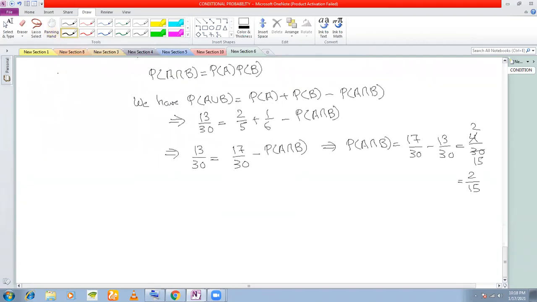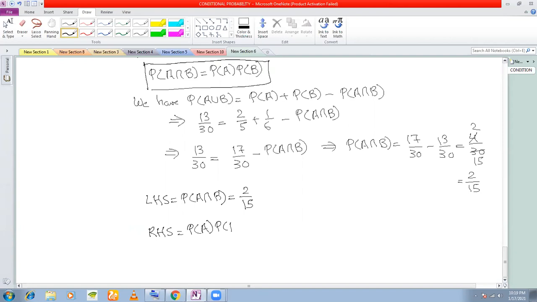So we have managed to find P of A intersection B, right? So left hand side, LHS, is equal to P of A intersection B, which is equal to 2 by 15. And what is the right hand side? PA into PB. Multiply PA and PB. PA is 2 by 5 and PB is 1 by 6.